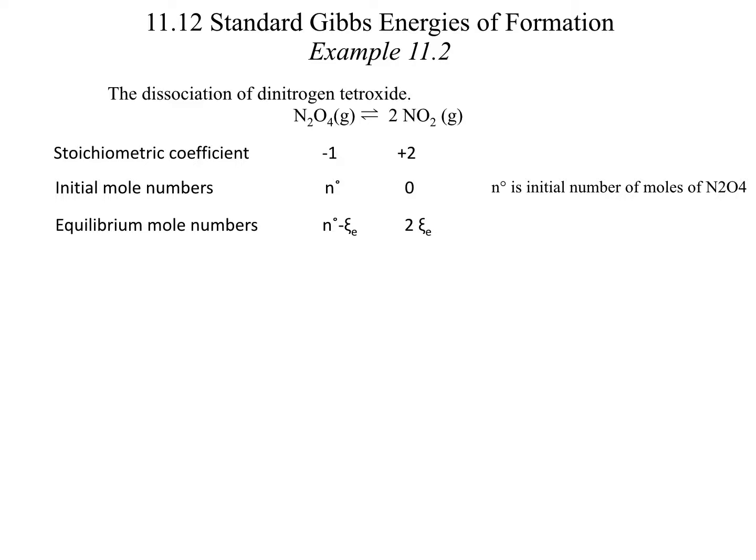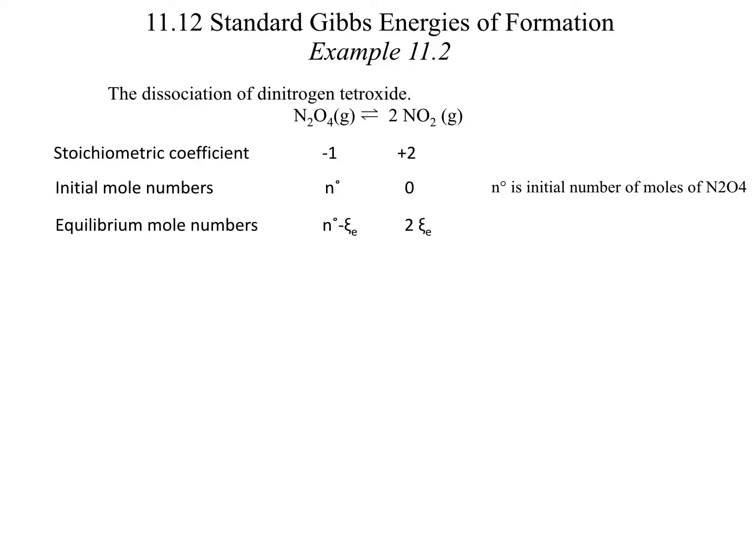So let's say that it took a certain time to achieve equilibrium. The degree of advancement is xi sub e, at the equilibrium position. And so one would have obviously consumed xi e moles. So the number of moles of the reactant would be N0, the initial mole numbers, minus xi e.